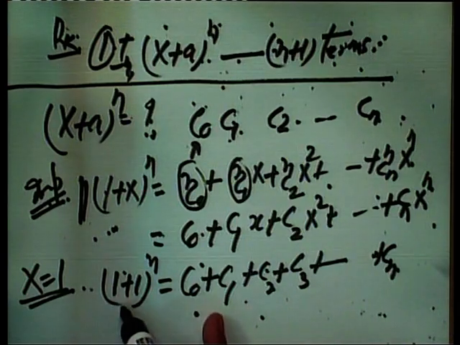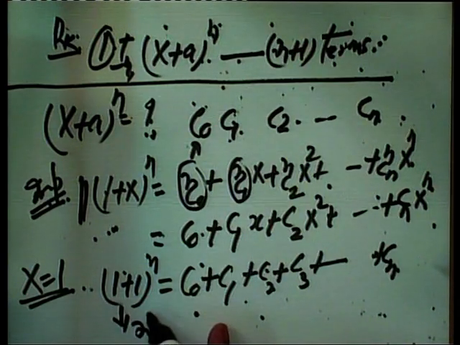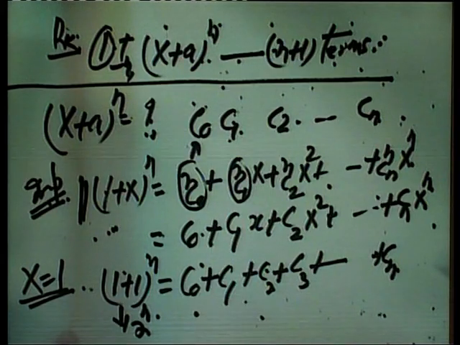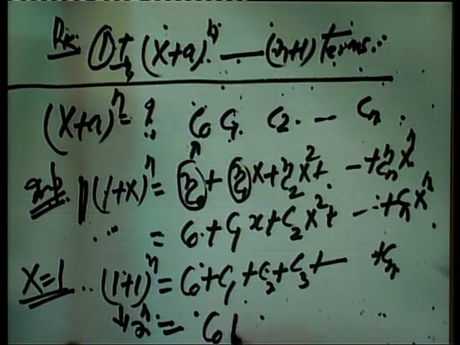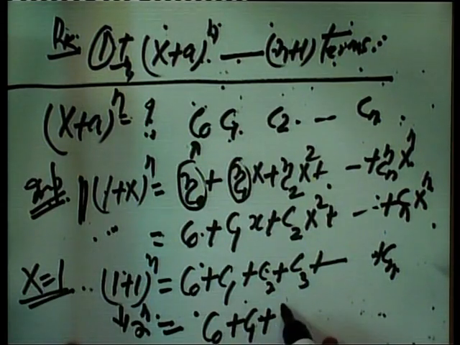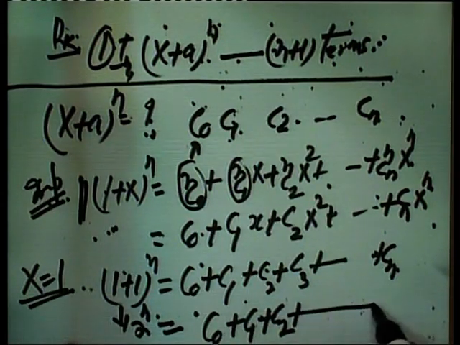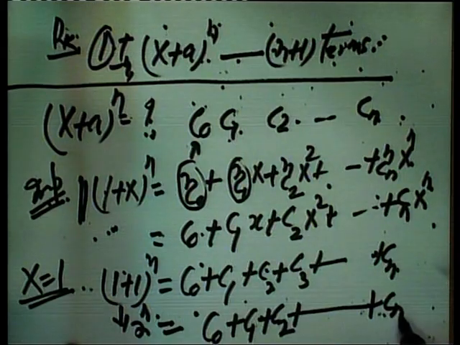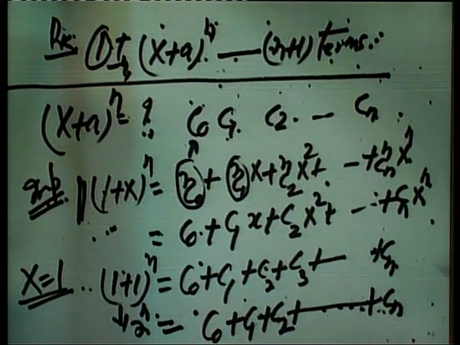So, this is my 2 raised to power n is equal to C0 plus C1 plus C2 plus and so on plus Cn. I take that expression and simply put x is equal to 1.